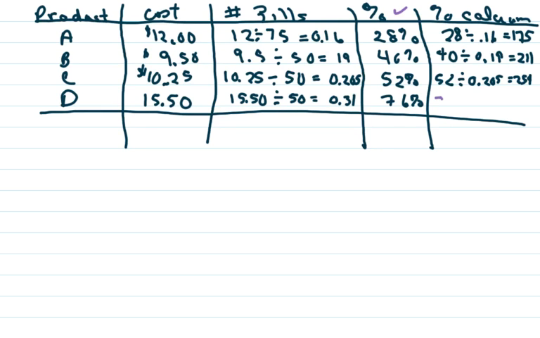So 76 divided by 0.31 equals 245. Product D is not one of your answer choices, so we skip that.